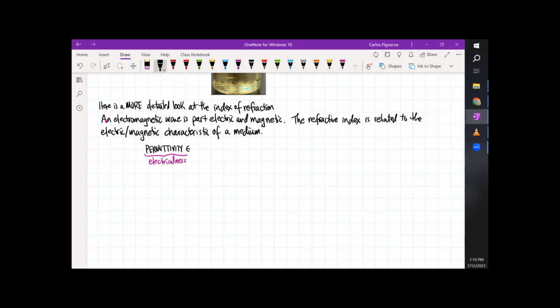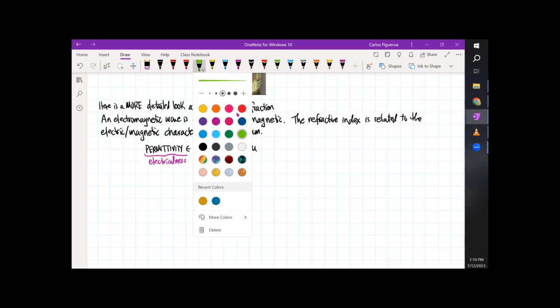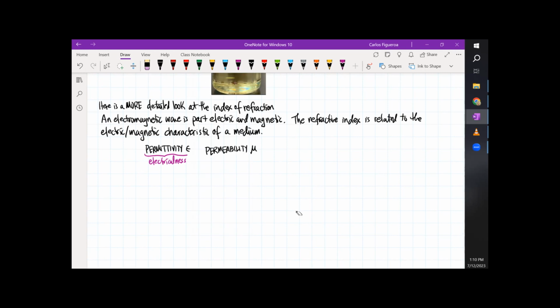Then we have a second constant called the permeability. And this is typically with the symbol mu here. And what this guy tells us about is the magneticness of a material.